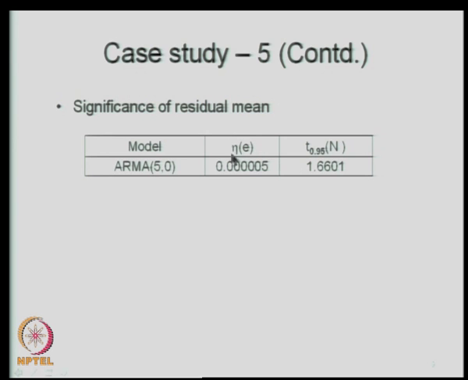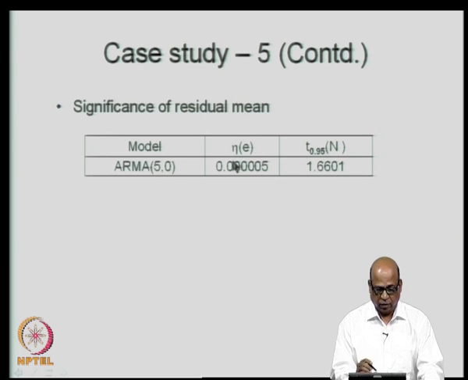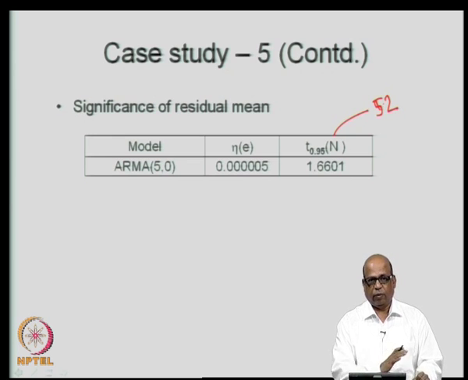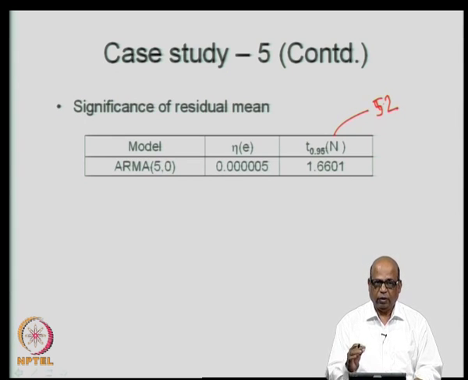So, first for the residual mean, recall from the last lecture how we obtain this eta e, and then this is again for the residual series, and for the 95% confidence level, the t distribution value, n is in this particular case 102. So, for 102 values, this is n by 2 actually. So, we go with 52 values, because we have considered the first 50 values for calibration.